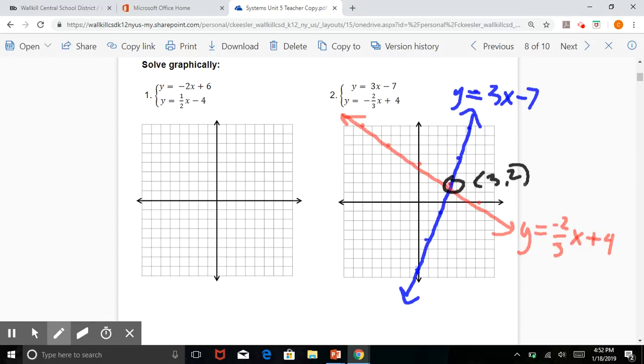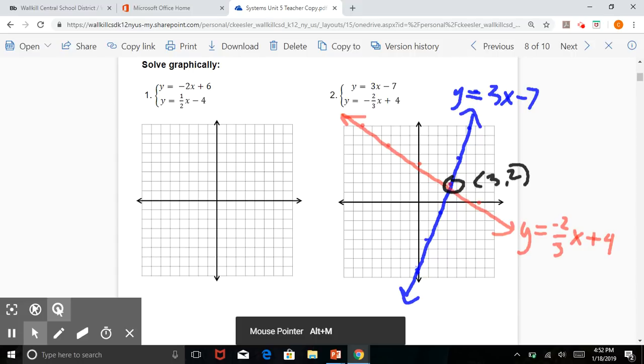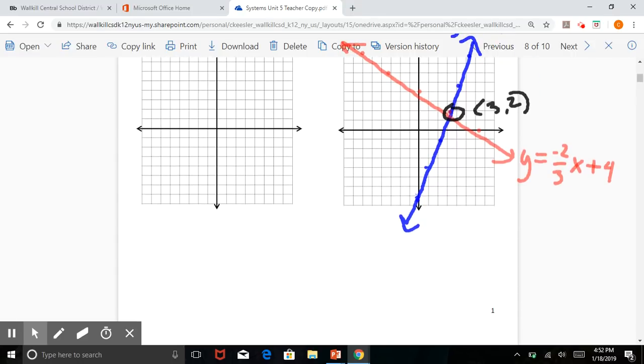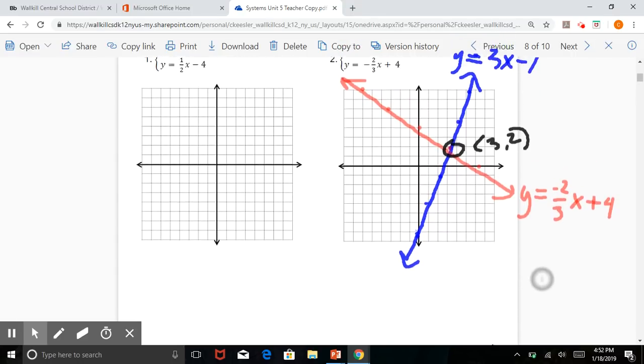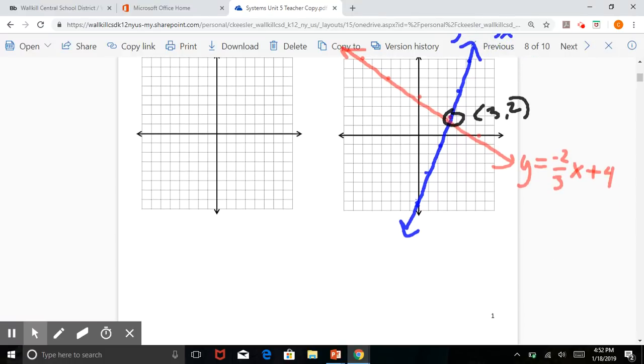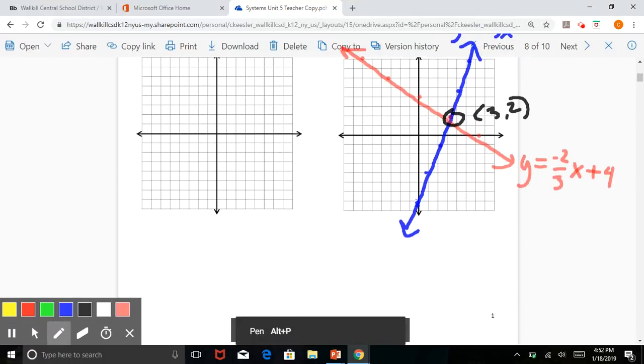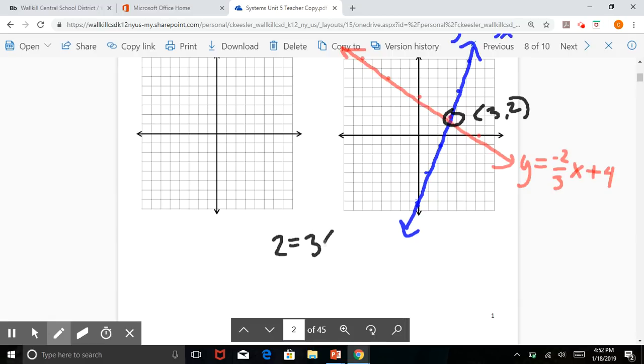Now, remember, we also want to prove that that is the solution to both equations. So underneath, we're going to plug that into both. So starting with y equals 3x minus 7, we would do 2 equals 3 times 3 minus 7. So 2 equals 9 minus 7. So 2 equals 2, which is correct.